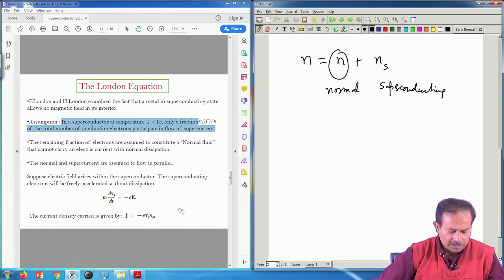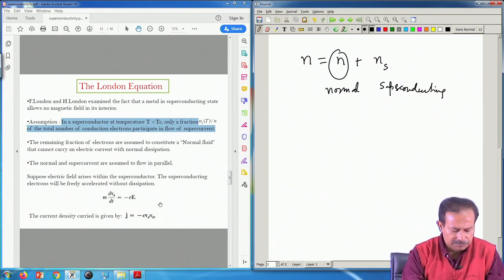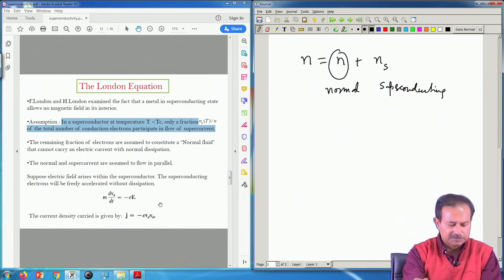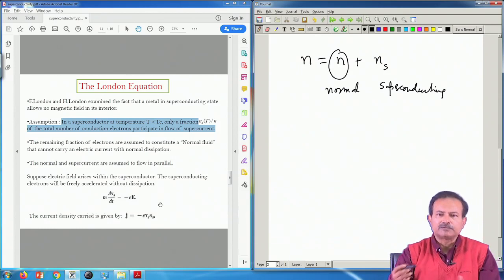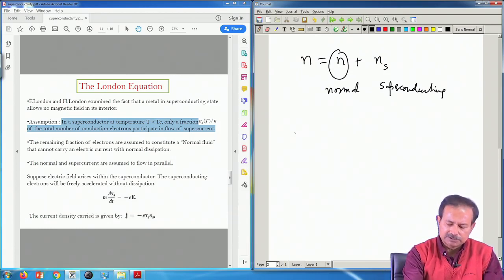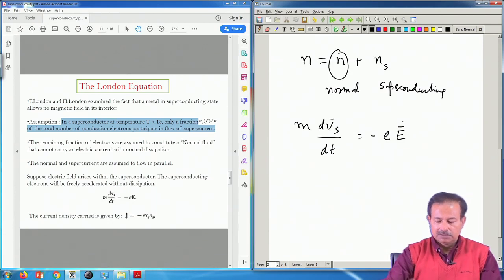Now, you can calculate this starting from a simple Drude equation, right. So, that Drude equation that we wrote down, now you write it for the superconducting fraction, and this is what you do: minus e times the electric field that is applied.